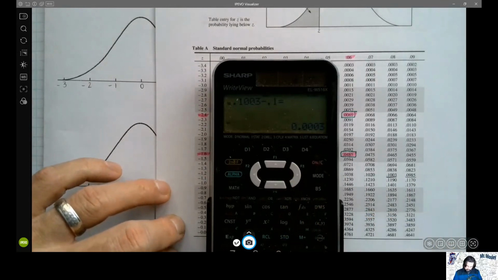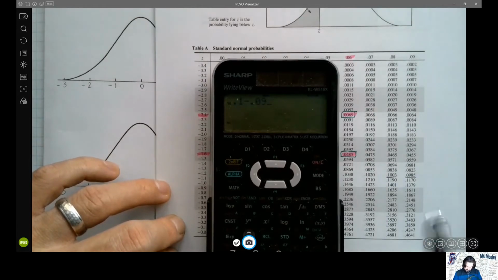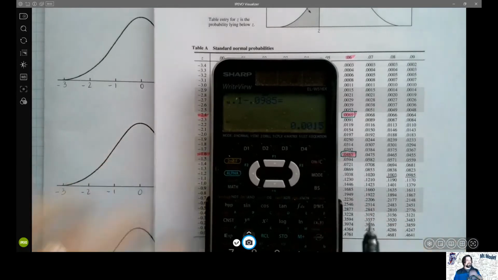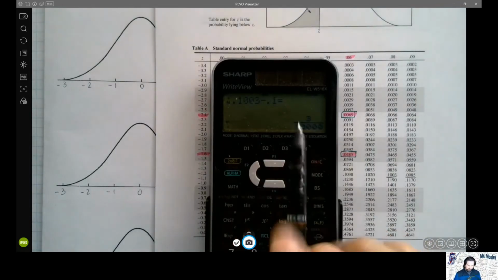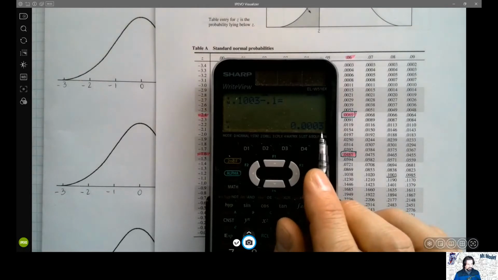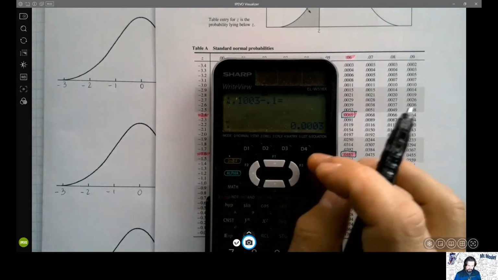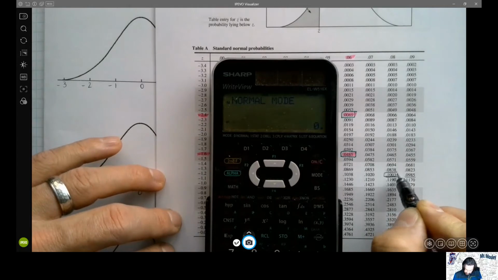Now I'm going to take 0.1 minus 0.0985, and I get 0.0015. Based on that, this number is farther away from 0.1, because 0.1003 was only 0.0003 away. So I'm going to use 0.1003. That's the closest I can get using Table A. This is the one that wins, so to say. It is closest to the number I'm looking for.